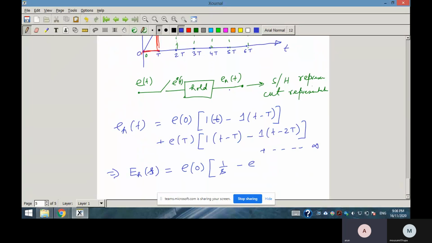That's why I'm taking the Laplace transform of EH(t): plus E(T) into 1 by s minus e to the power minus Ts by s, and so on up to infinity.